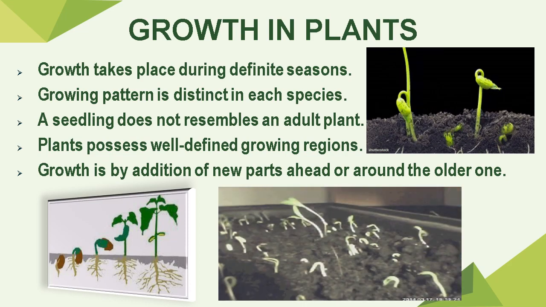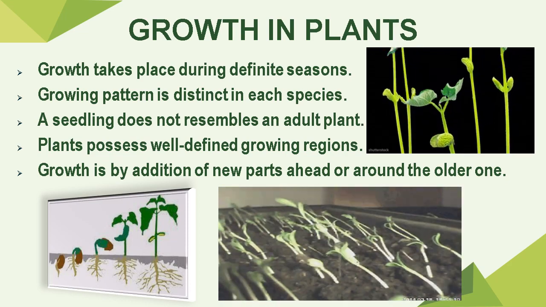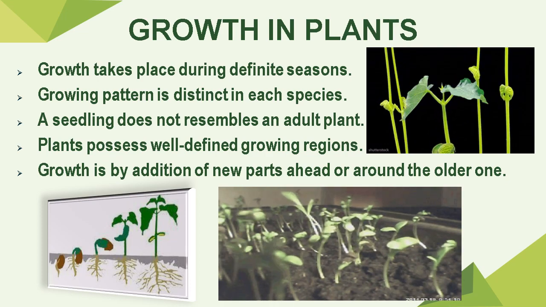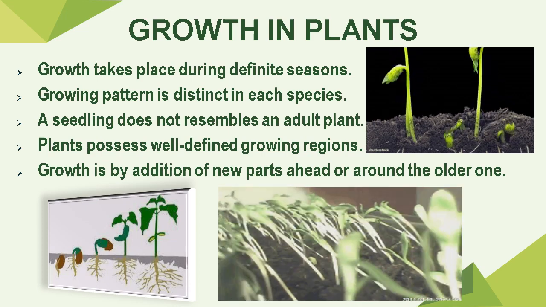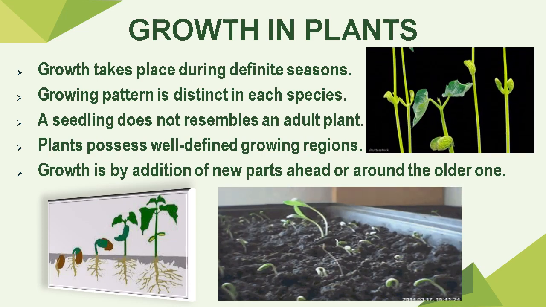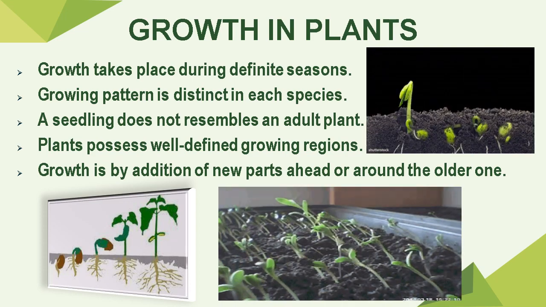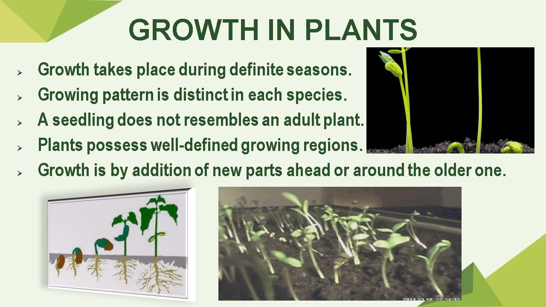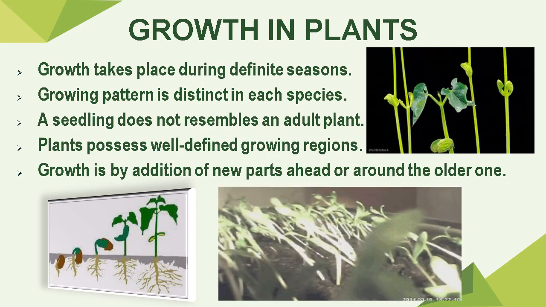Growth in plants. In plants, the seed germinates and develops into a new seedling, which finally develops into an adult plant. Plants display indefinite growth. Growth continues throughout the life of the plant. Here, the growth involves increases in the number of parts.